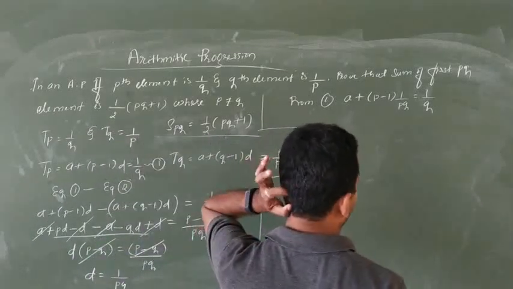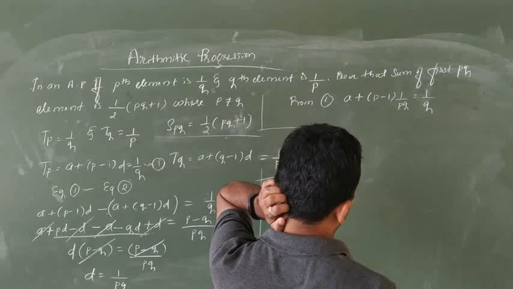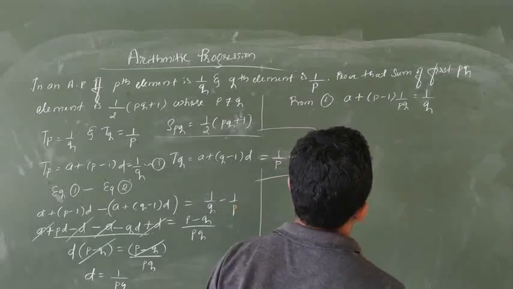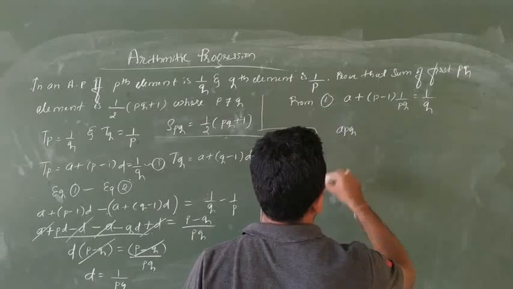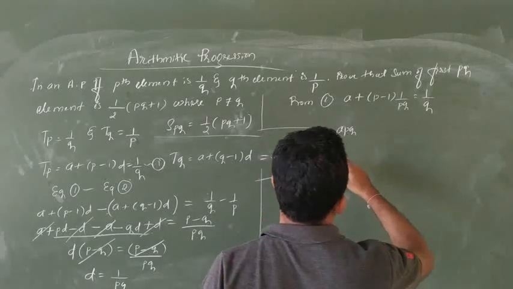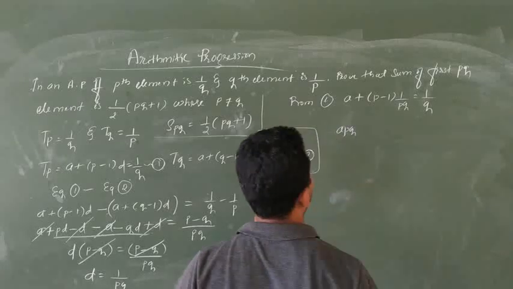Okay, so now I will take the LCM of this one, that is LCM is PQ. Or else I can take this one to the LHS, then also no problem.